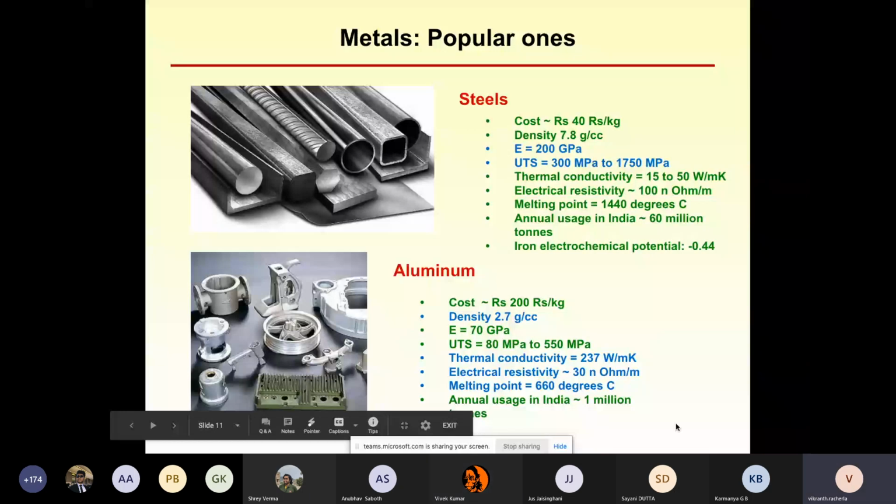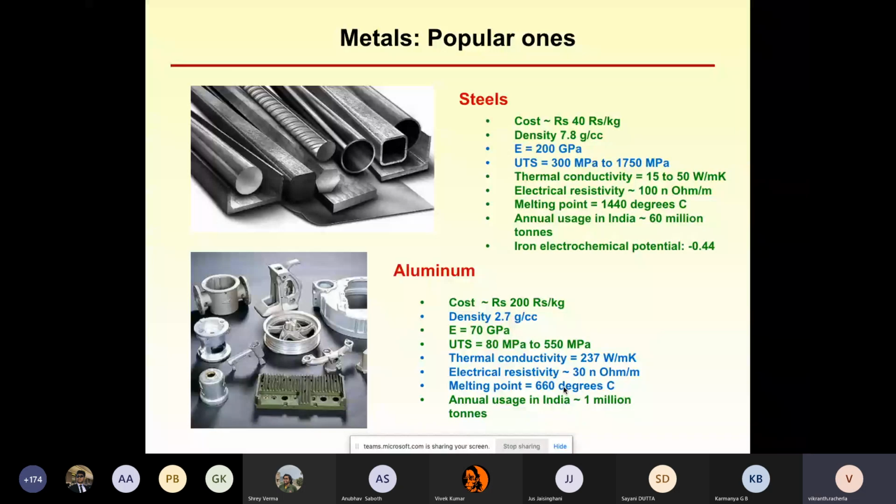It is easily cast. Because of the low melting point, you can do something like die casting. For aluminium you can use steel molds to cast aluminium. That really helps in terms of mold making. And you can do pressure die casting of aluminium because it has a low melting point, so casting is easy.